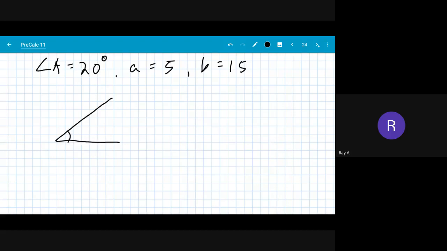Is your angle 20 degrees? Now this is your side B, 15. This is your side A, which is opposite angle A. It is 5. Now the question is, is it enough to make a triangle?